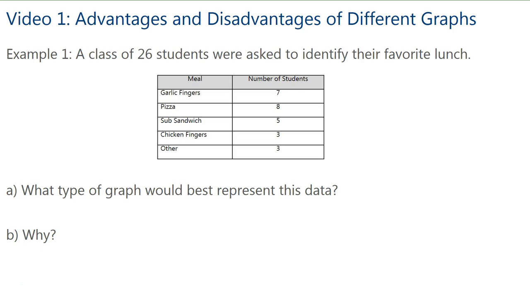Well, here, because the data is divided into different categories, garlic fingers, pizza, subs, then either a bar graph or a circle graph could be used here. They are best to use in these situations.